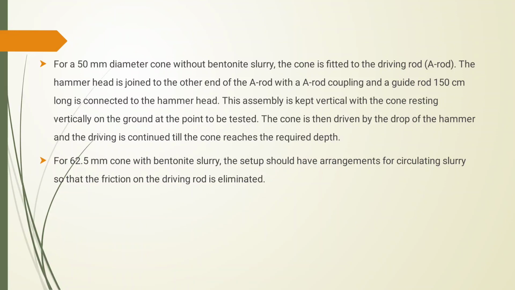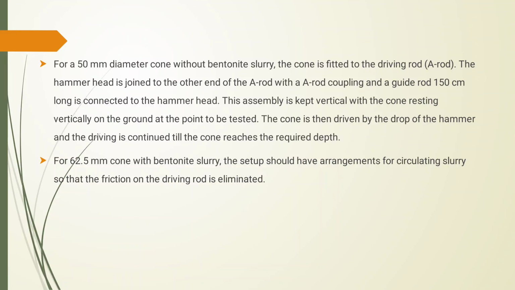The hammer head is joined to the other end of the driving rod with a coupling, and a 150 mm guide rod is connected to the hammer head. Then the assembly is kept vertical and inserted into the ground for testing. The cone is driven by a drop hammer, and driving continues until the cone reaches the required depth.